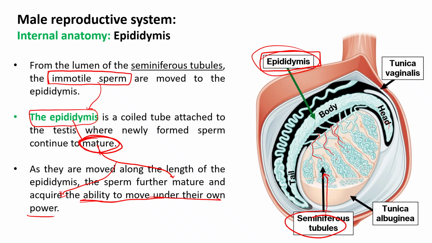Spermiogenesis is the process in which these immature, immobile cells gain a tail, a flagellum, and will be able to mobilize themselves, to swim.